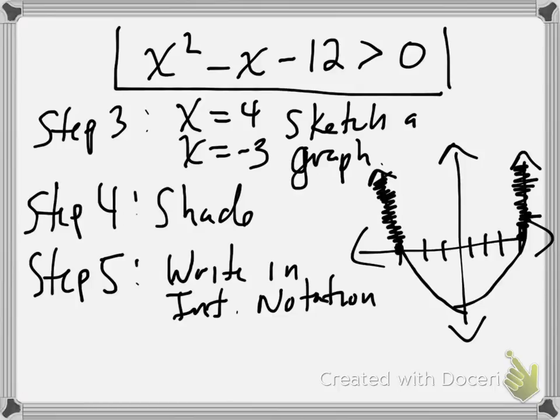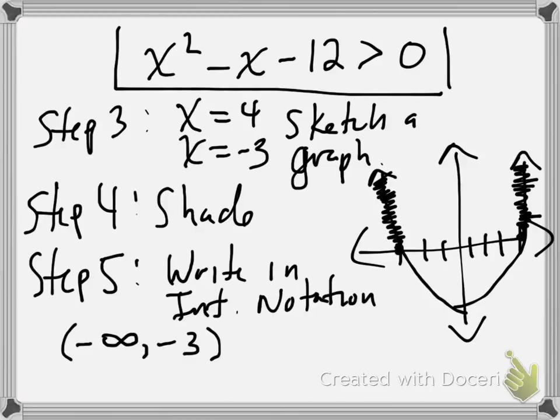So the solution set to this inequality can be all real numbers from negative infinity to negative 3, and we're open on both of those because our sign is greater than.